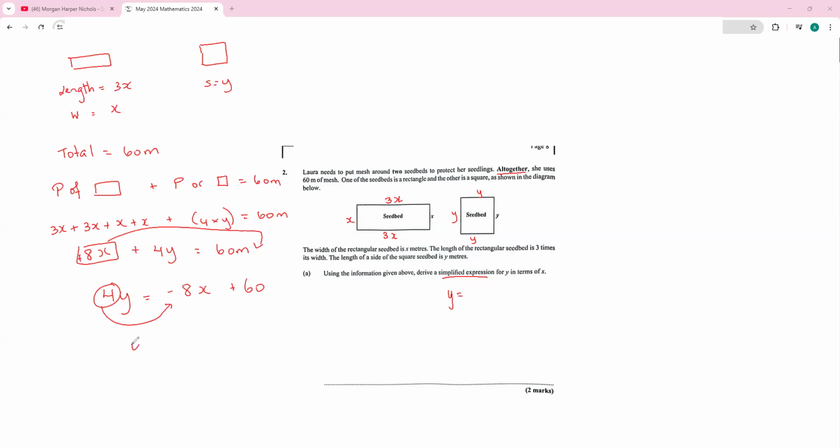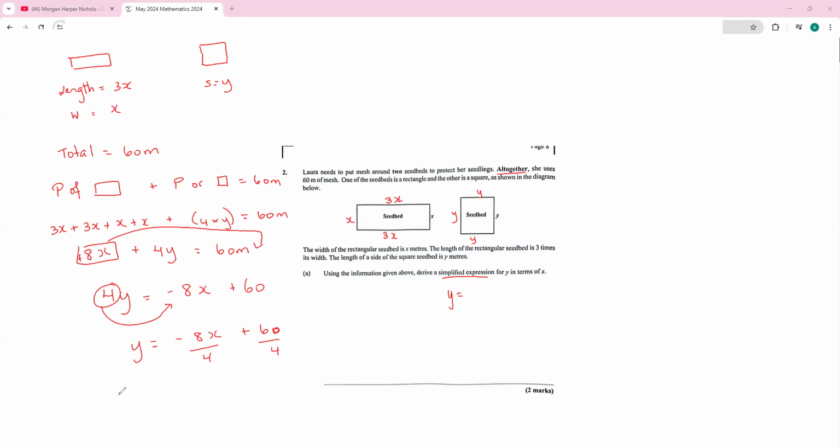So y is equal to negative 8x plus 60, and we divide each term by 4. So everything that was there before it, we're going to divide it by 4.